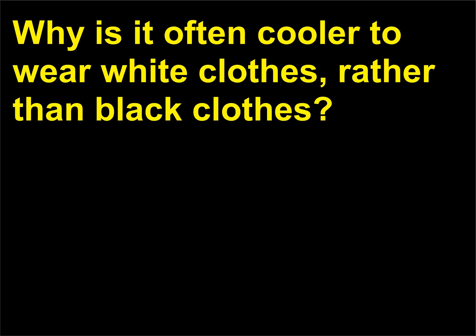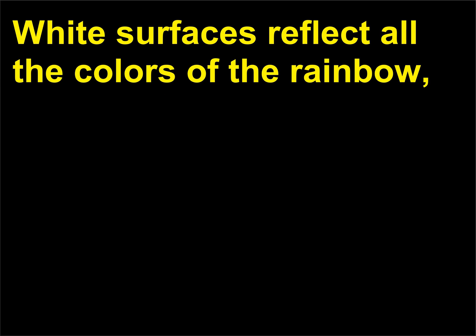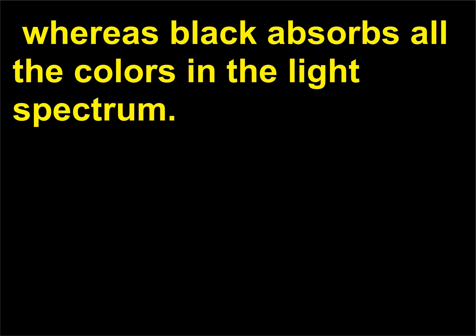Why is it often cooler to wear white clothes, rather than black clothes? White surfaces reflect all the colors of the rainbow, whereas black absorbs all the colors in the light spectrum.